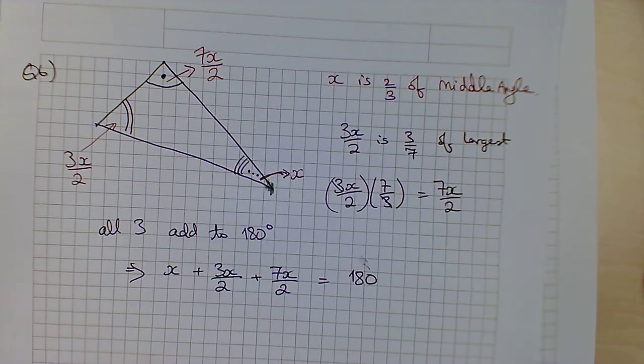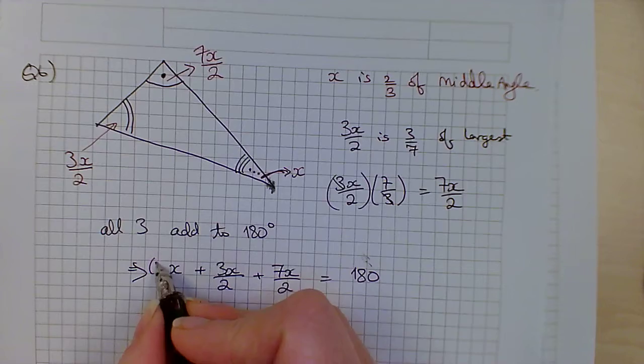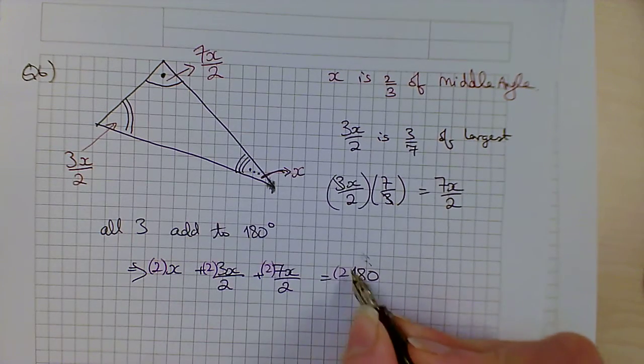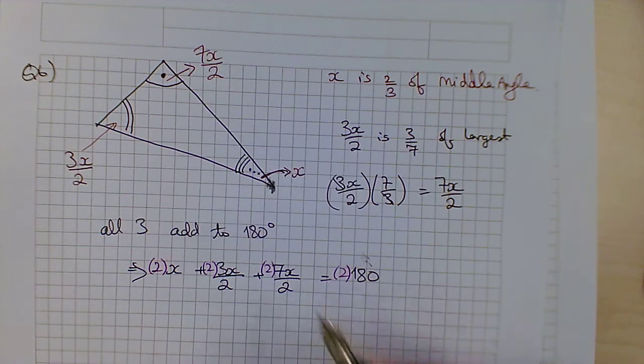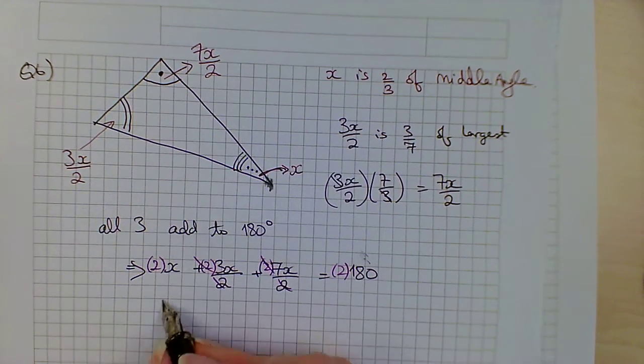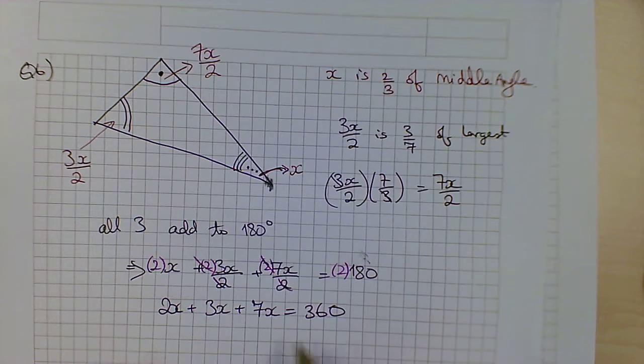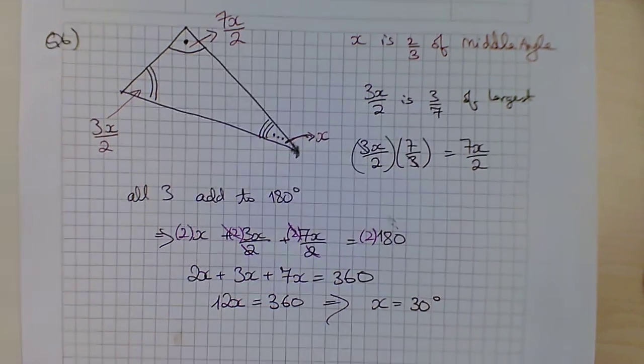So let's multiply everything by 2. We'll multiply this by 2, multiply this by 2, multiply this by 2, and multiply this by 2 because I want to get rid of the fractions. Giving me 2x plus 3x plus 7x equal to 360, and 12x is equal to 360, which means that x is equal to 30 degrees.